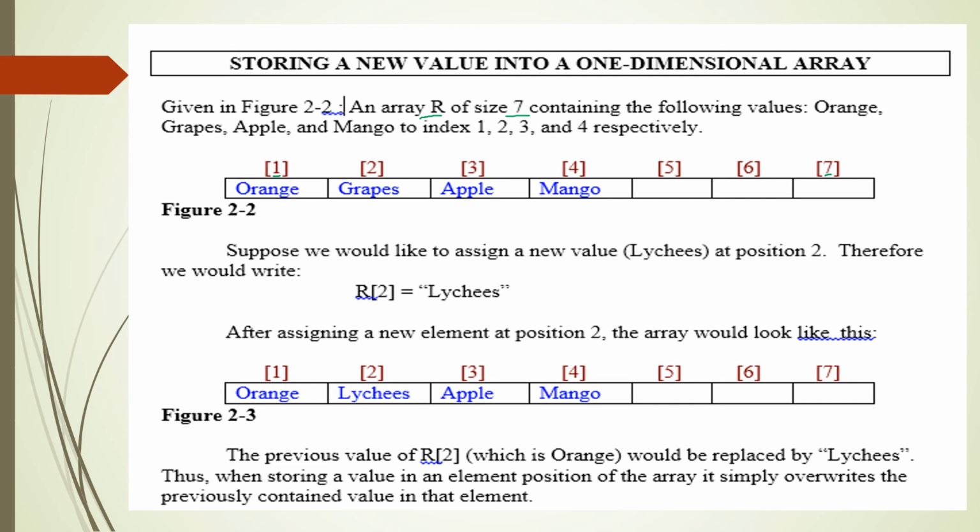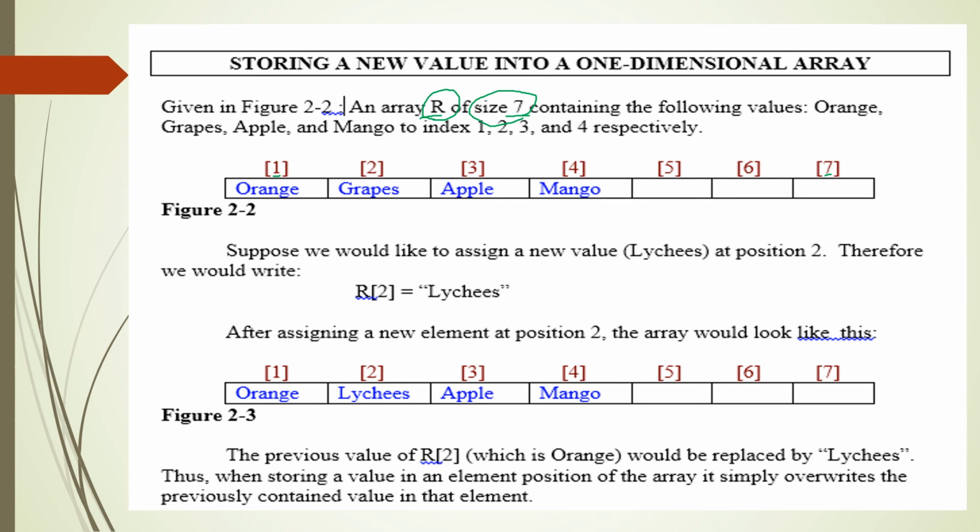For simplicity and for our class, we will always start the index at index 1. So we have 7 indices for our 7 elements of the array named R. Why 7? Because the size of the array is 7.